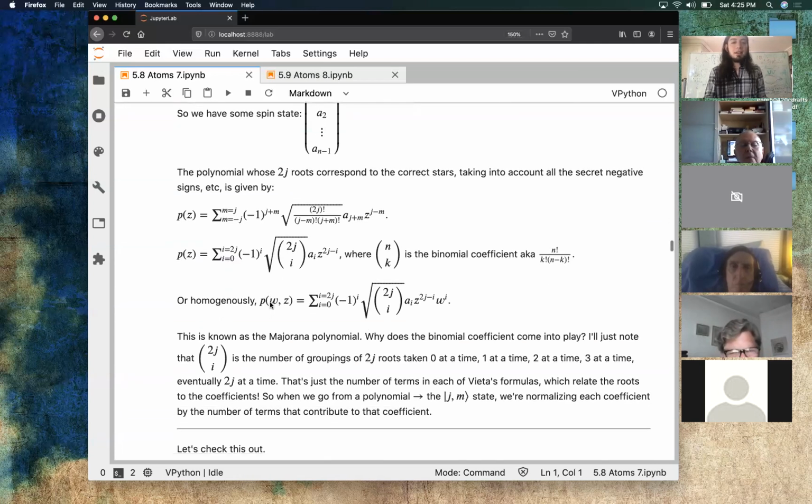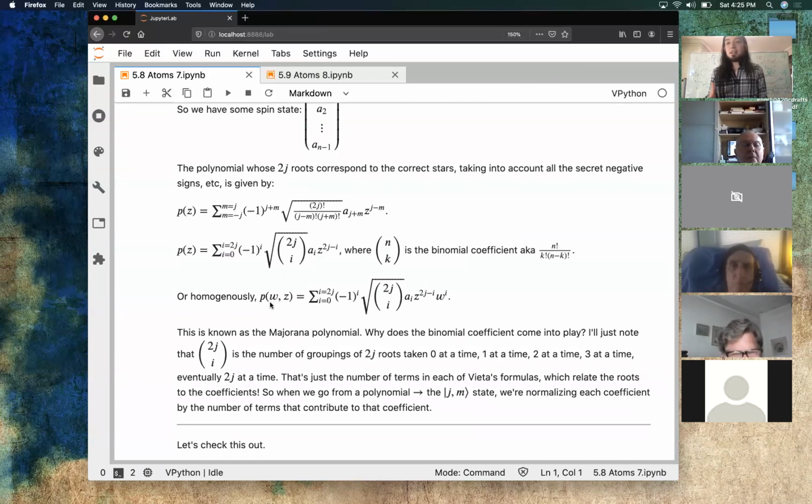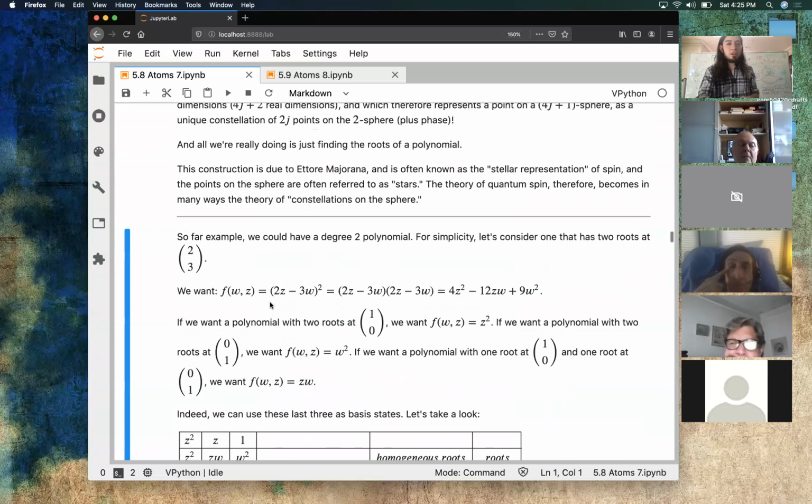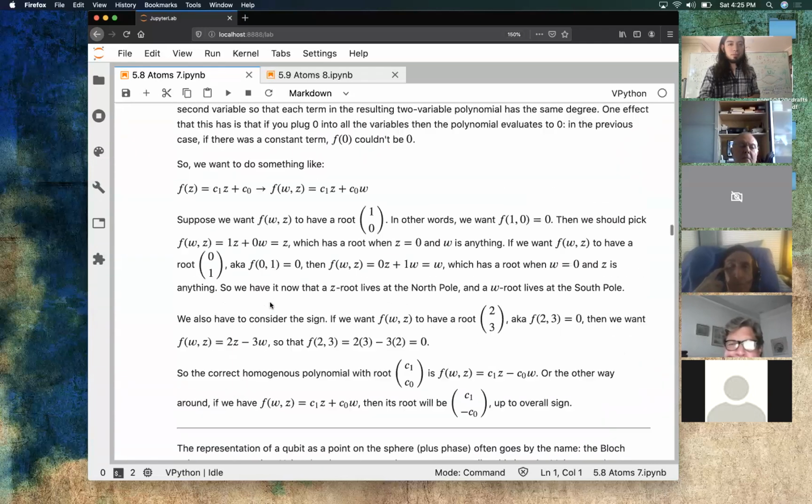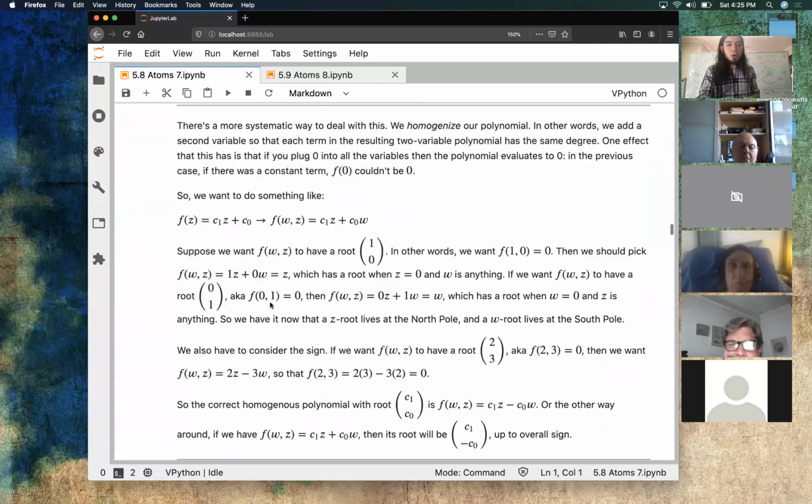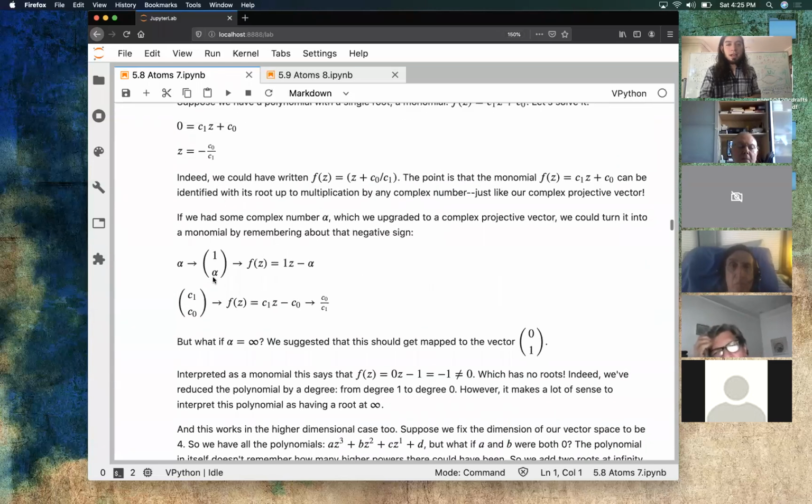And this will work. Now, why does it work? The minus sign perhaps makes sense because of what we saw up here. If you want alpha to be a root, you have to put a negative sign there. Otherwise, you get minus the root.